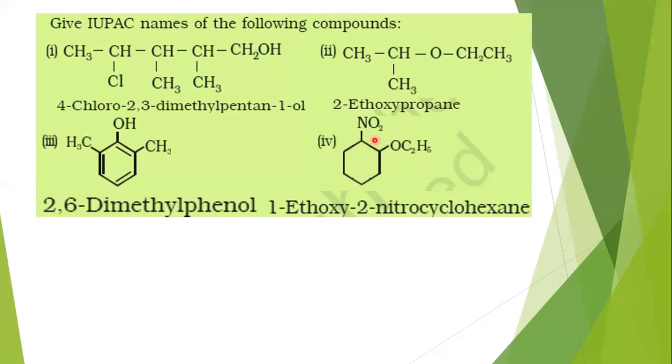Next, the number 2 may be by clockwise or anti-clockwise direction. Here, in the anti-clockwise direction, the carbon where the nitro side chain is present is second. So 1-ethoxy-2-nitrocyclohexane.